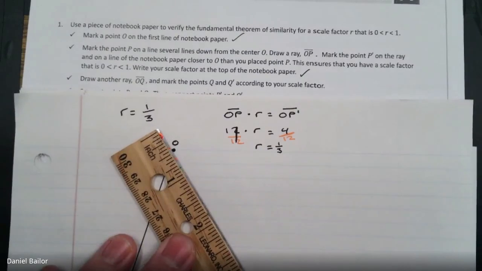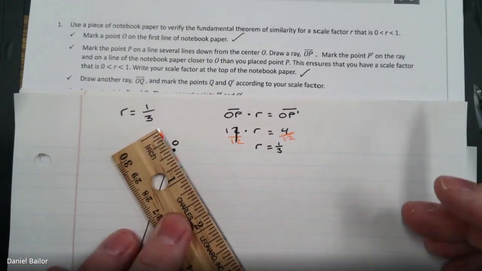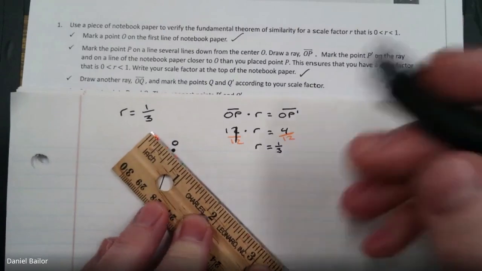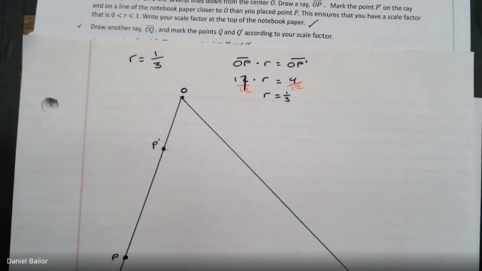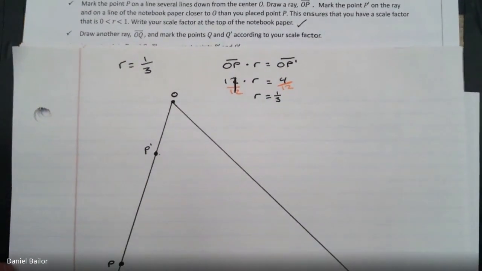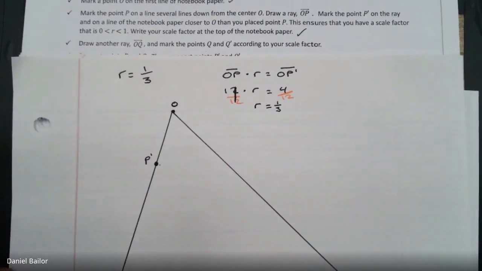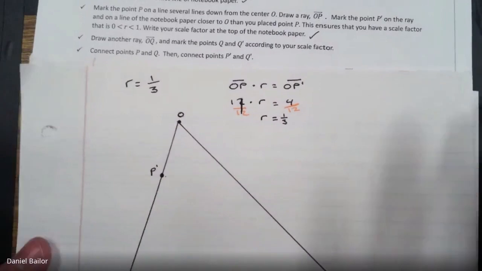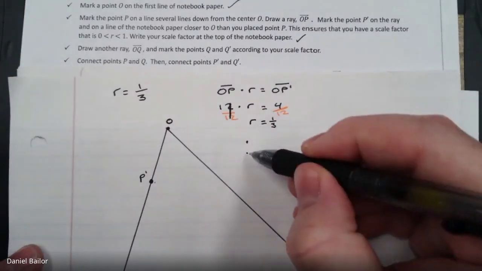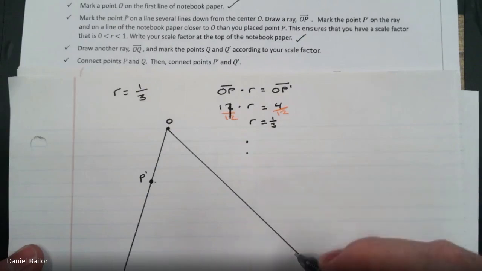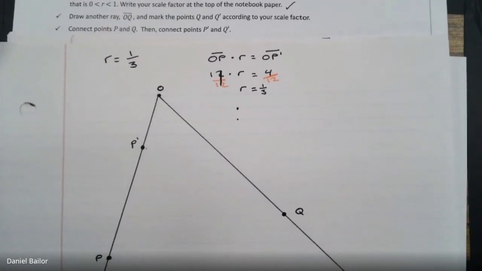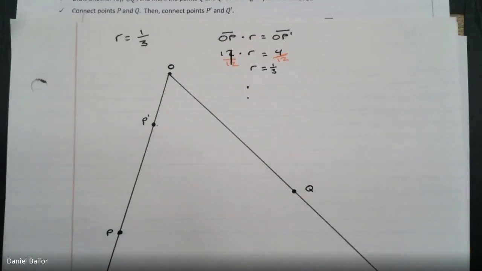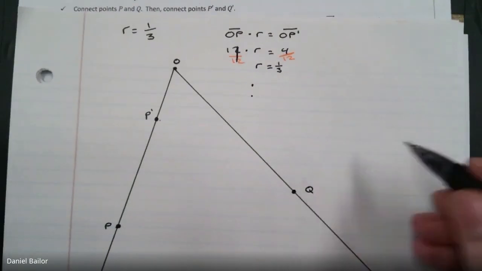So I need to draw another ray. Let's do it going over here. I drew another ray. And so I need the Q and Q prime. So let's do Q first because we should do the original first. So I'm going to do Q here. So here's Q. And the reason I put Q there is because that is 9 lines down.